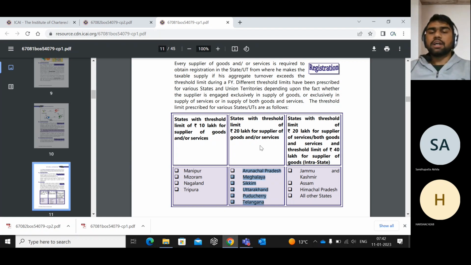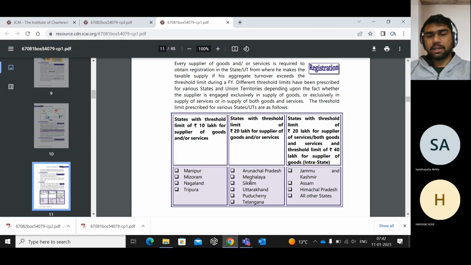That means if that supplier or taxpayer crosses 20 lakhs turnover, they are compulsorily liable to register. That is Arunachal Pradesh, Meghalaya, Sikkim, Uttarakhand, Pondicherry, and Telangana. Pondicherry is a union territory.